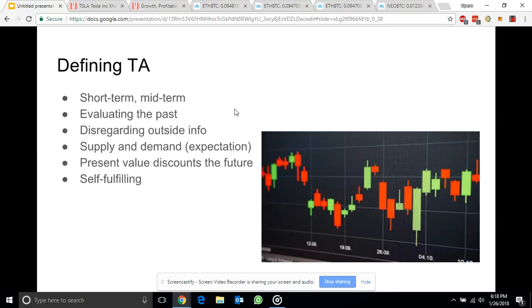Basically, by using TA, a trader can determine changes in the demand and analyze the current expectation of the future price movement. And if you had basic economics, you may know that expectations are one of the factors that can influence the demand. Another assumption is that the present value discounts the future.